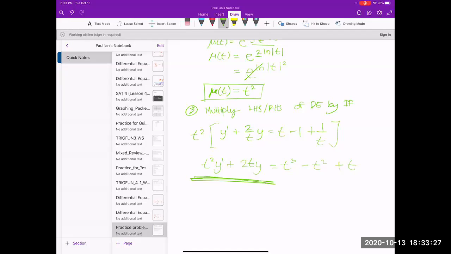So we have to worry about this guy though. The next thing after you times it by the integrating factor, you have to look at the left-hand side and see if you can see a reverse product rule. So is there a reverse product rule that you can do? There's two pieces, and it's added, so t squared y.